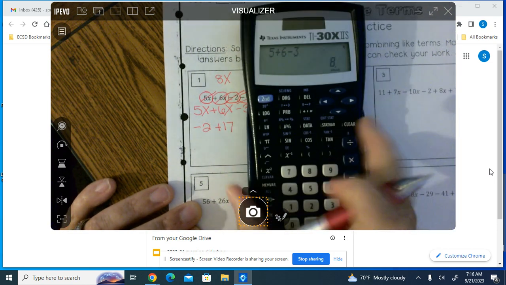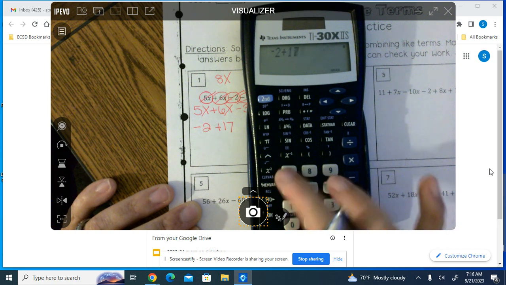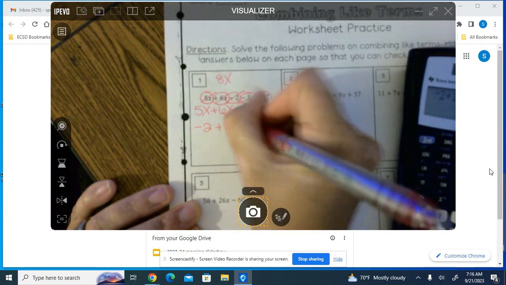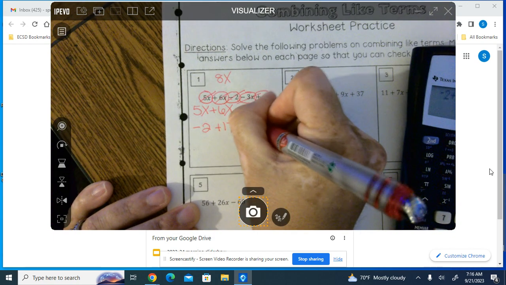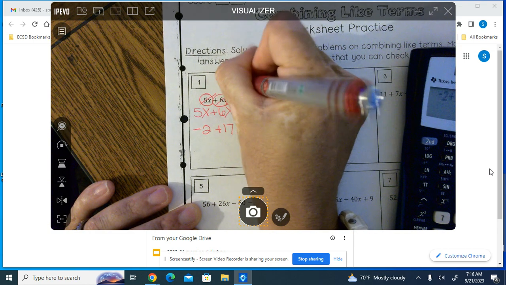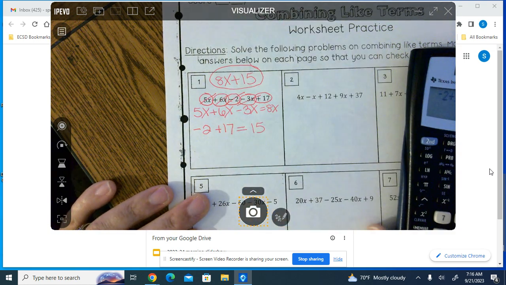Go back to my calculator. Negative 2 plus 17 equals positive 15. So you could do a plus 15 or you can just know that it's going to be a positive 15. So I'm done right here.